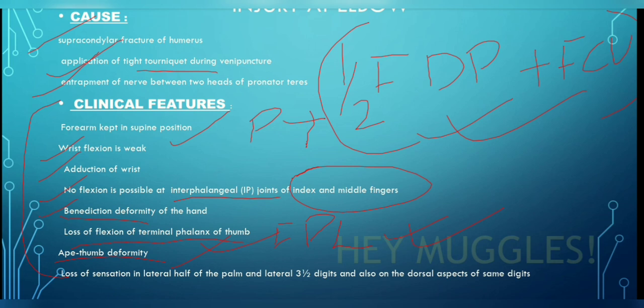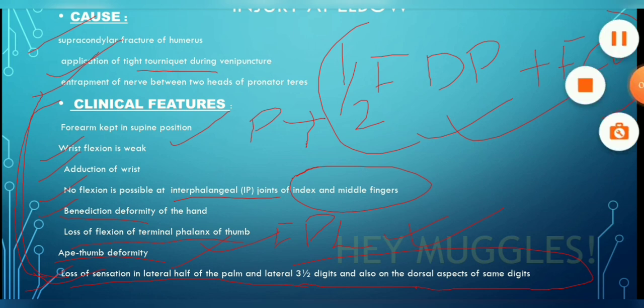Then there is loss of sensation in the lateral half of your palm and lateral 3.5 digits, including their nail beds, right? So there would be sensory loss over the skin supplied by the median nerve, and over the area of your thenar eminence as well, because the palmar cutaneous branch is also injured, right? So these are the clinical features of your injury of the median nerve at the elbow, right?